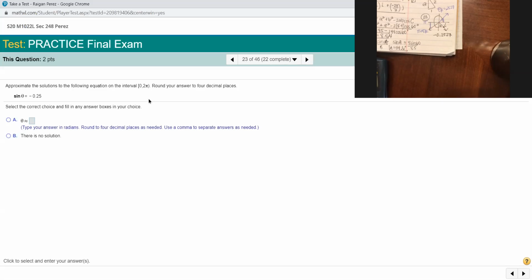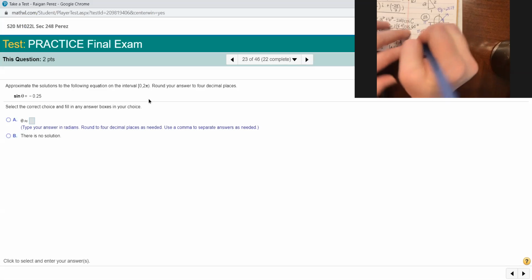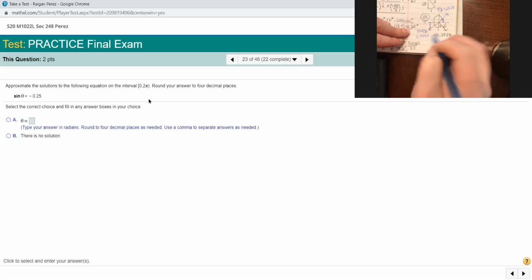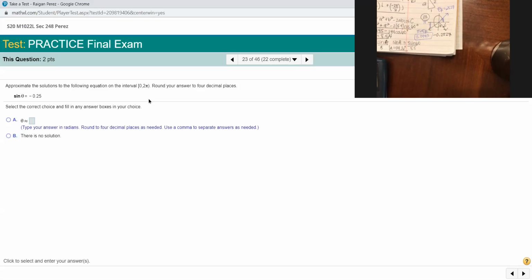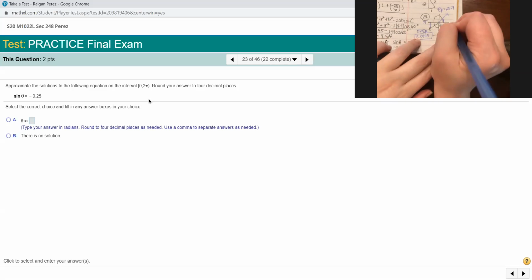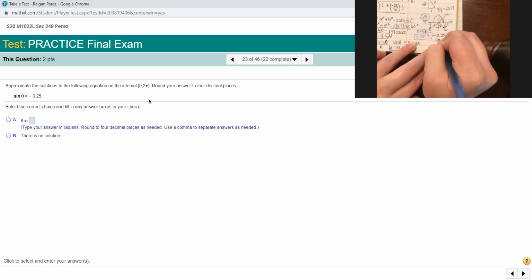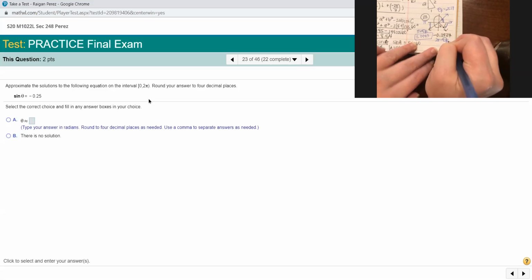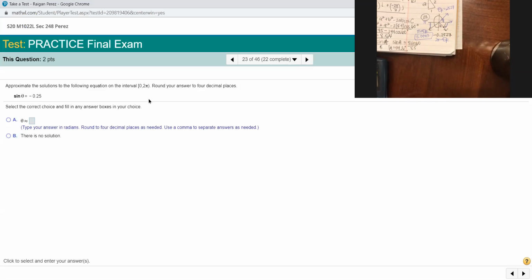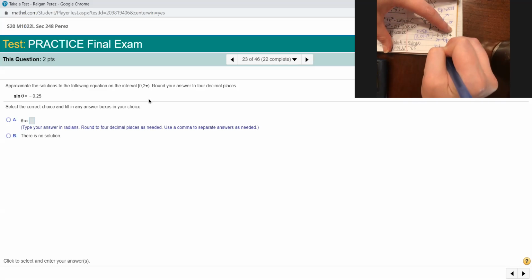Let's see, pi plus that answer gives me 3.394. Yep. Okay, and then here, this is 2 pi, and this is the same thing as the reference angle. So you're going to do 2 pi minus the reference angle for your second answer. So 2 pi minus 0.2527 is 6.0305.